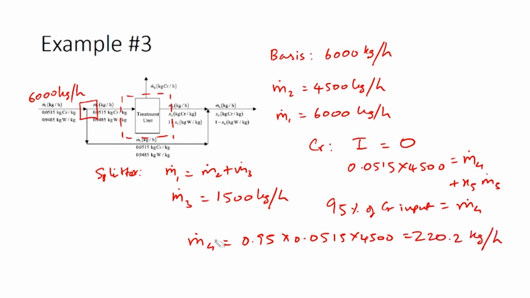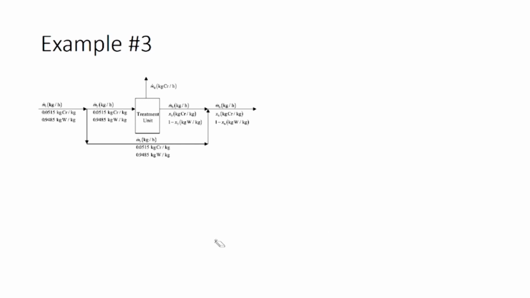That would be the mass flow rate of chromium leaving through the stream M4. Substituting this M4 dot into the chromium balance, we have 0.0515 times 4500 equals 220.2 plus X5 M5 dot.